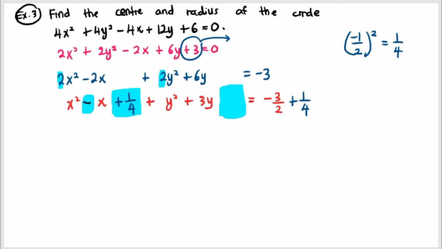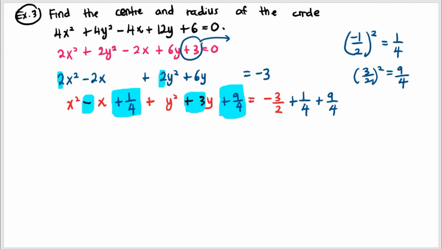Now for the y part, the coefficient of y is positive 3. Therefore, you consider positive 3 divided by 2, squared, and you add 9 over 4 on this side, and 9 over 4 here.